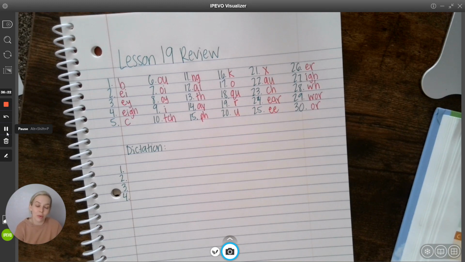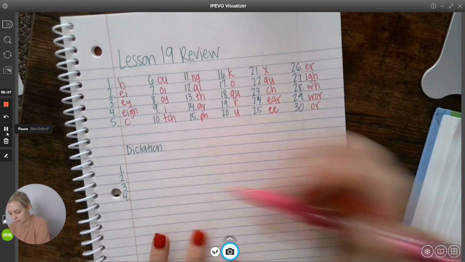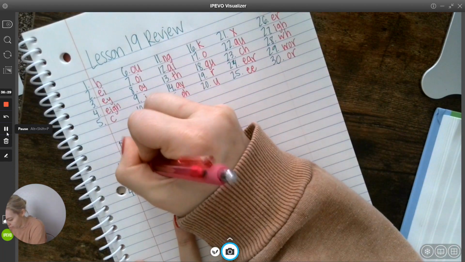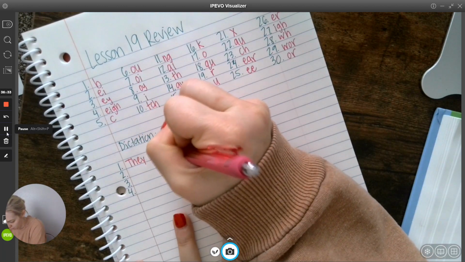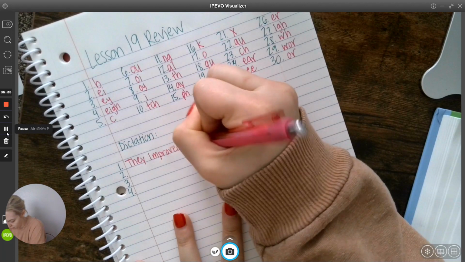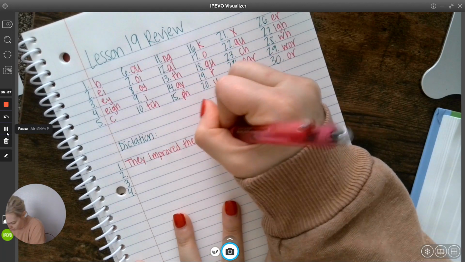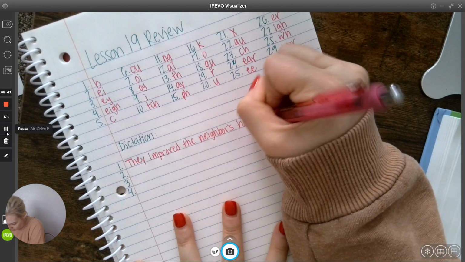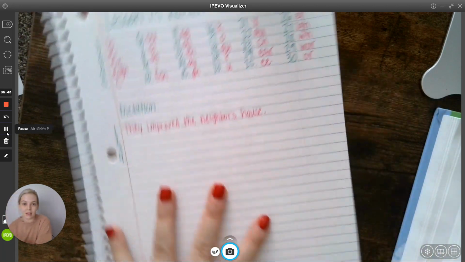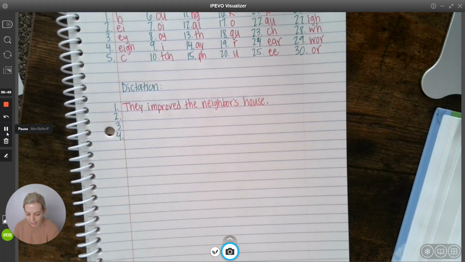They improved the neighbor's house. Don't forget that should be an apostrophe S.